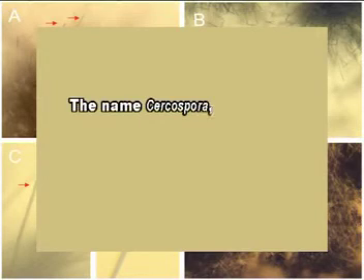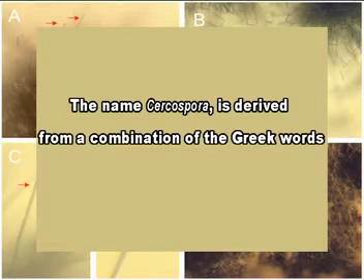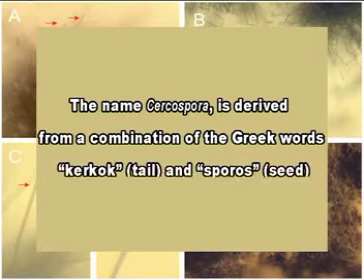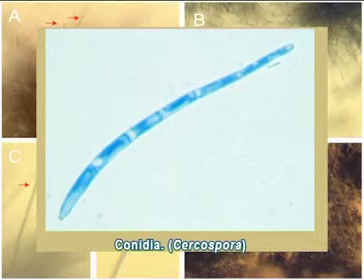Species of Cercospora are economically very important because most of them act as plant parasites. The name Cercospora is derived from a combination of Greek words kerkos, meaning tail, and sporos, meaning seed, thereby meaning the filiform conidia of the fungus.